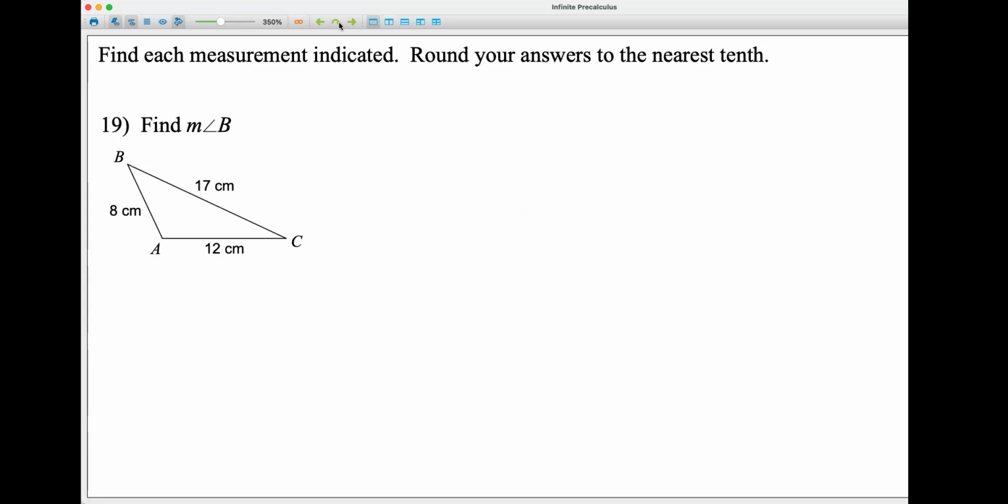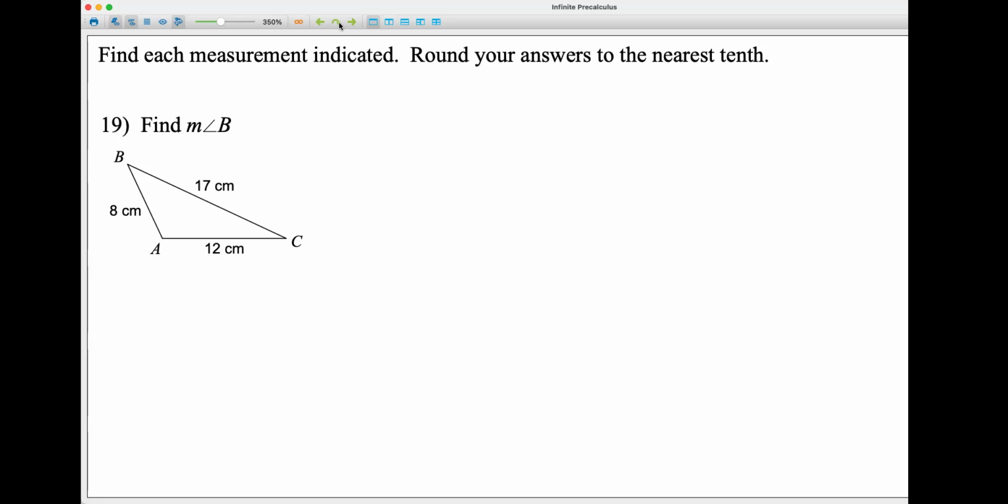144 equals 64 plus 289. Me personally, I would be typing this into my calculator. 17 squared is 289. 289 minus 2 times 8 times 17 is 272 cosine B. All right, 64 and 289.